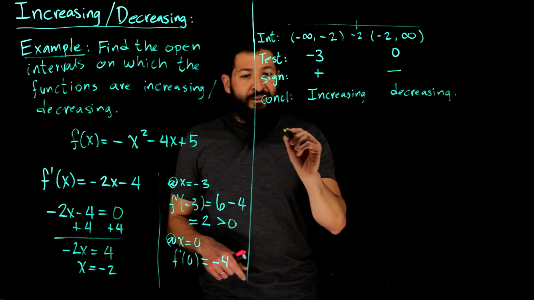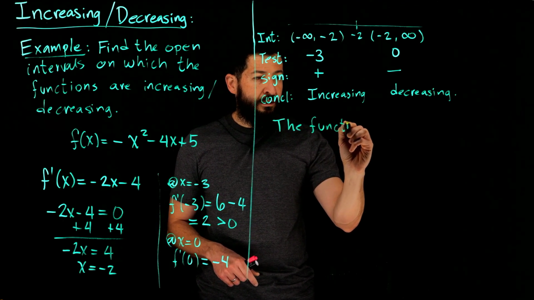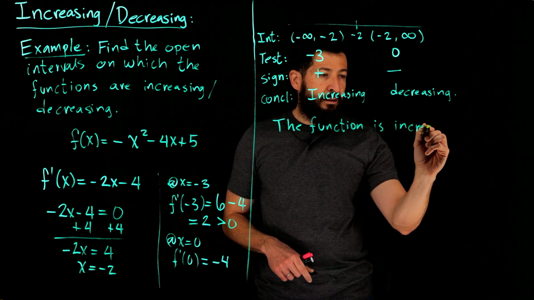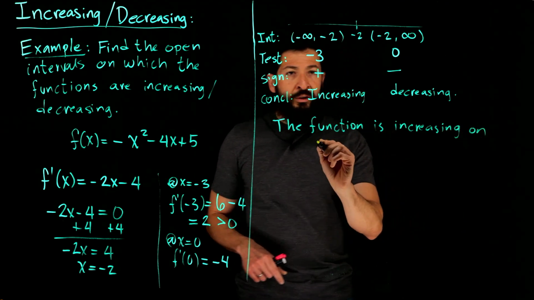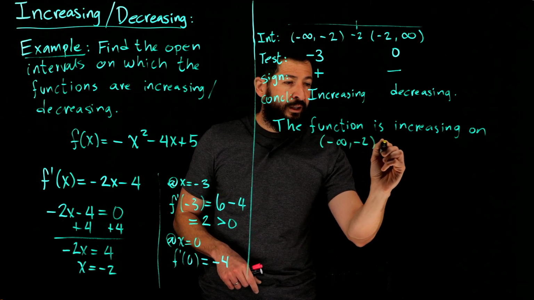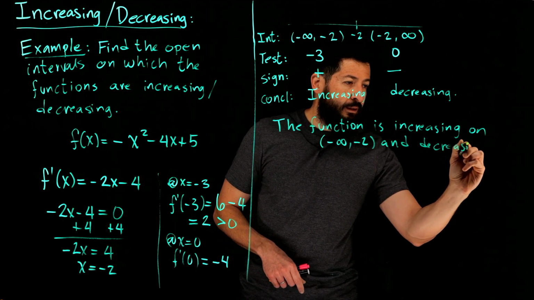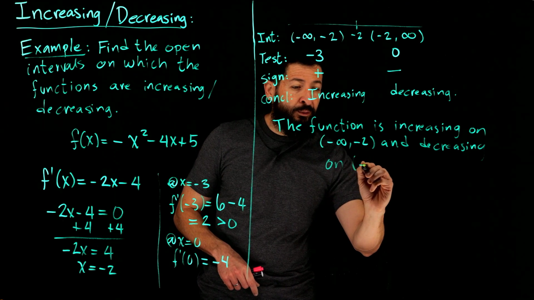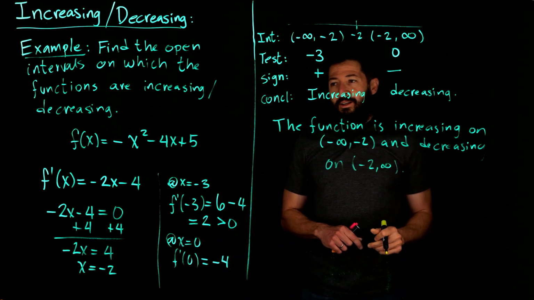So what happens is the function is increasing on the interval negative infinity to negative 2 and decreasing on negative 2 to positive infinity. So right there we get our solution.